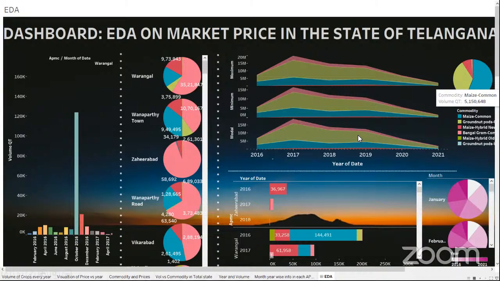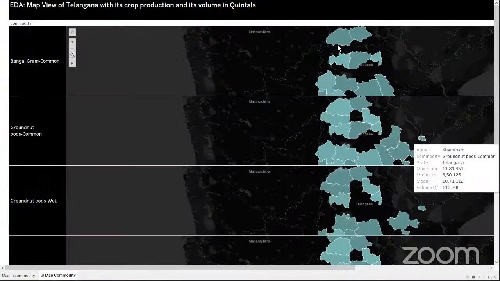So this was a generic EDA dashboard that we have built. Apart from that, we had the map view also. We were focusing on each specific commodity that is being produced by a specific APMC of Telangana. APMC is different from districts. Many of us do get confused about it.